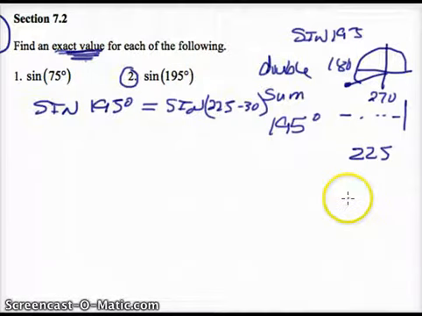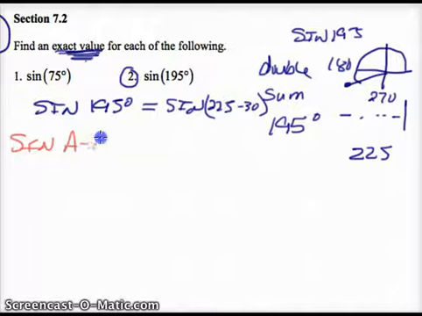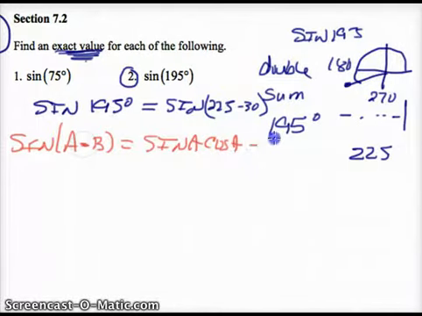Okay, so we are going to use a sum and difference identity for sine. And I know everybody has that memorized. So if I have two angles, sine of A minus B, that is going to be equal to the sine of the first times the cosine of the second. Remember, this one follows the signs, minus cosine of the first, sine of the second.